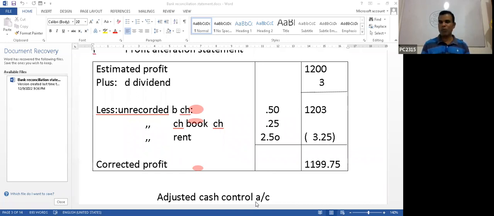So what are these called? Unrecorded. You can write it down. Unrecorded. Here the unrecorded item is the standing order payment. Here what is this value?